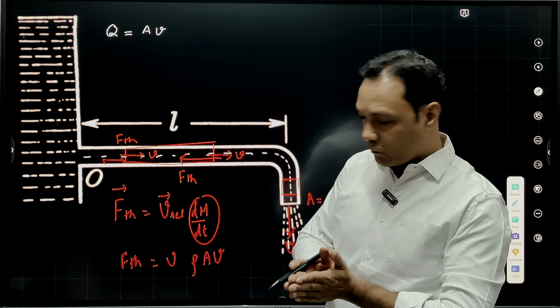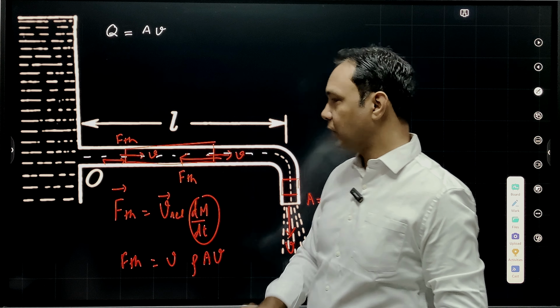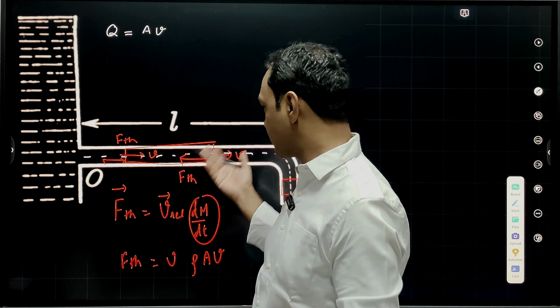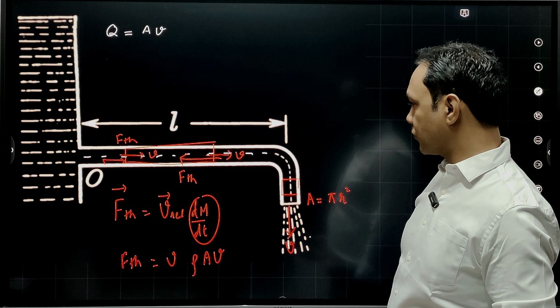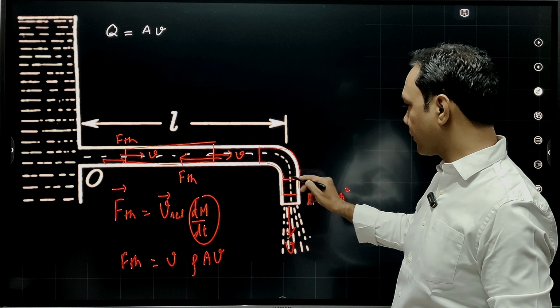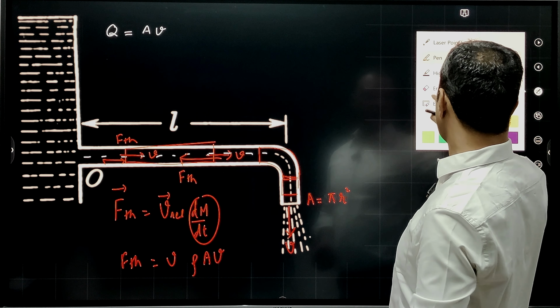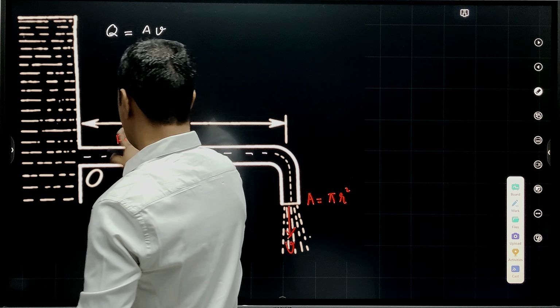There could be a net force if the area changes, but here V is the same and A is the same, so there will not be any net force, neither on this part nor on this part. On the part where the pipe bends there will be a net force, and if there is a net force, there could also be a net torque about some point.